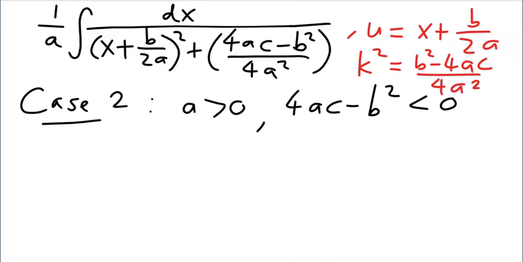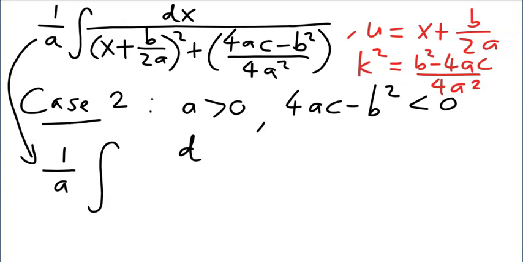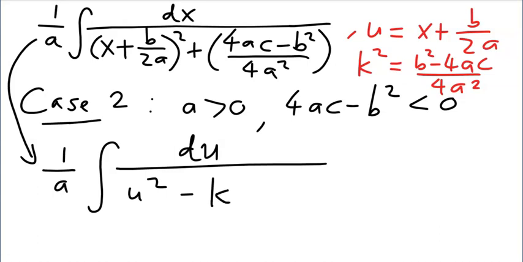Then this integral here can be rewritten in terms of standard form, which is just du over u squared minus k squared.